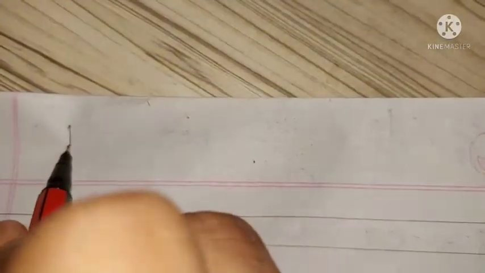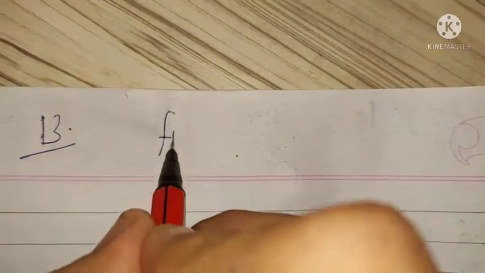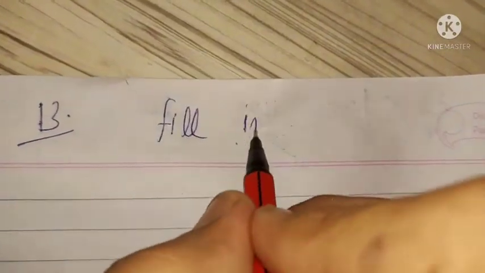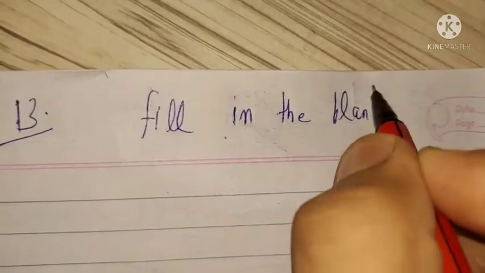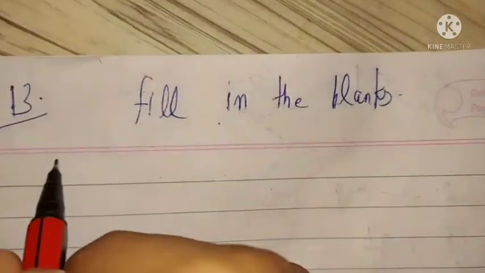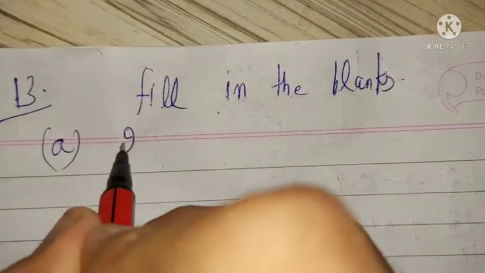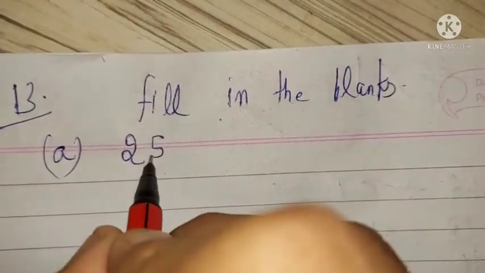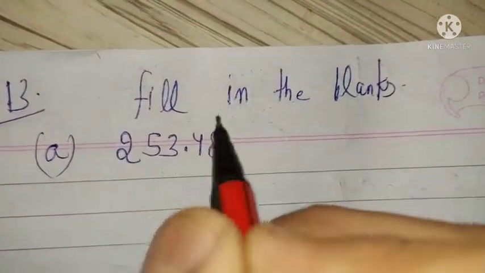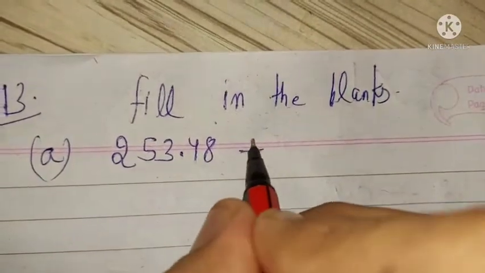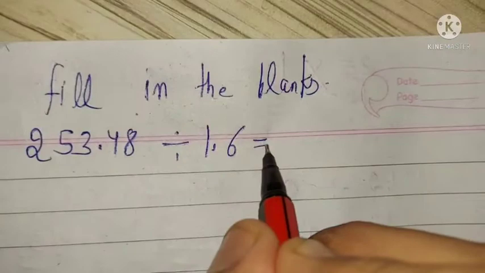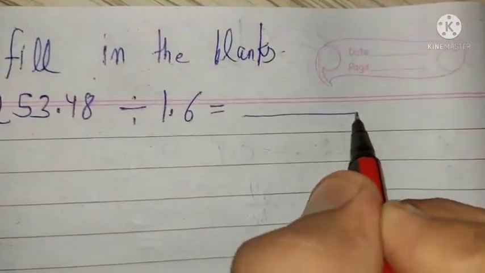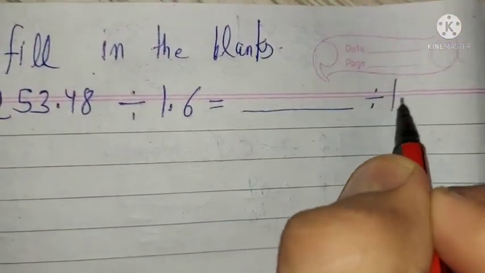See question number 13. Fill in the blanks. A: 253.48 divided by 1.6 is equal to dash divided by 60.